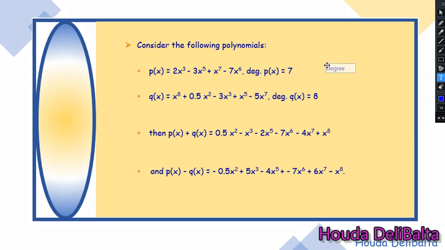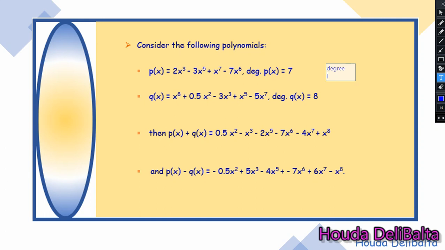So what is a degree? The degree is, as you notice, the highest exponent on the variable. So here the highest exponent among these is 7, and here the highest exponent is 8. Okay, so this is the degree of the polynomial.